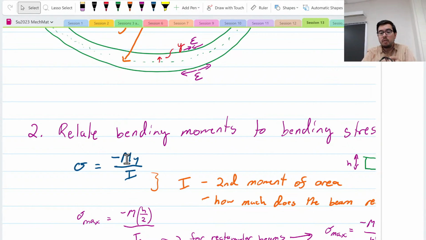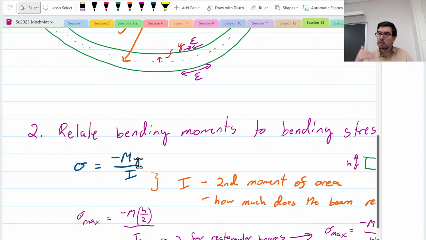If we look at what's happening internally, take a slice, because this M is an internal bending moment. A positive bending moment on the beam, if you look at the cuts, goes smiley. But if I go the other direction, then M is negative.